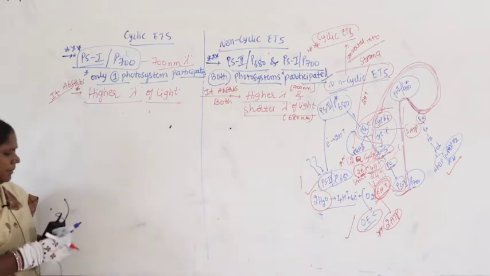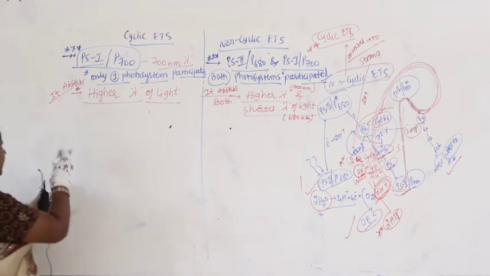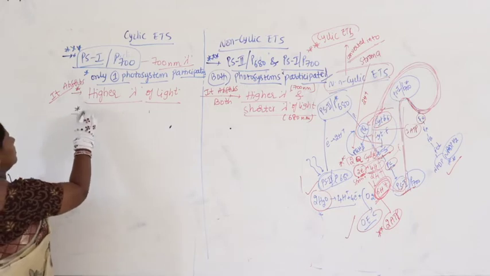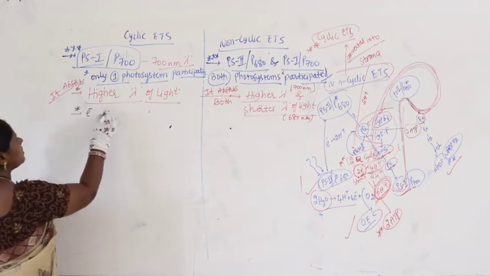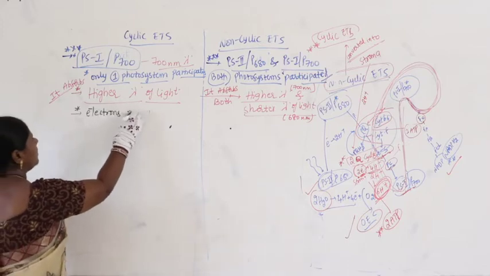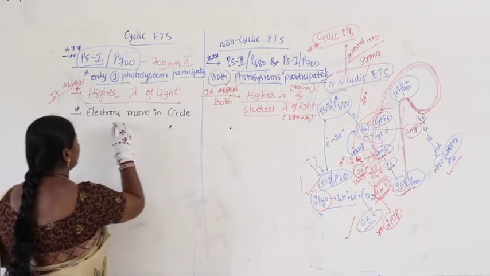Now let us continue with this. We say electrons move in a circle pathway in cyclic.